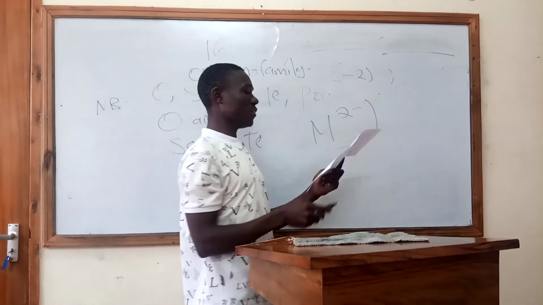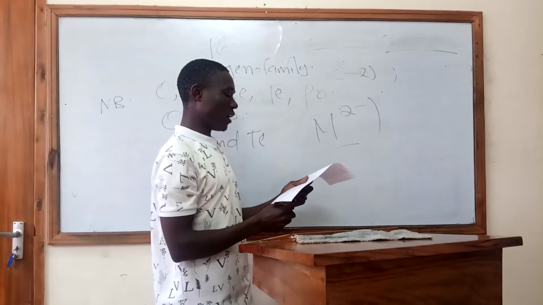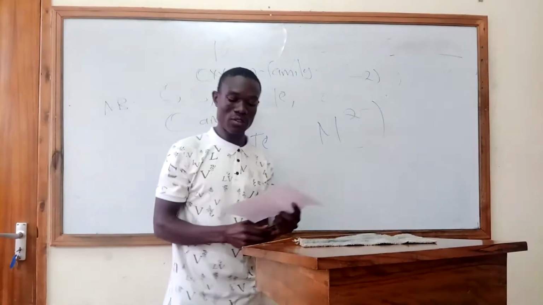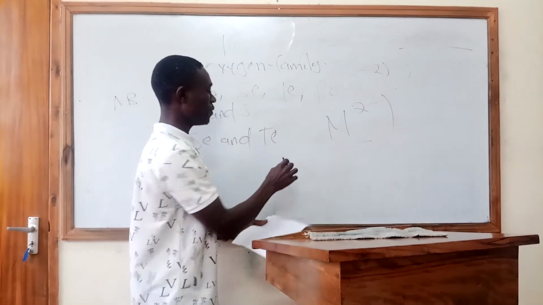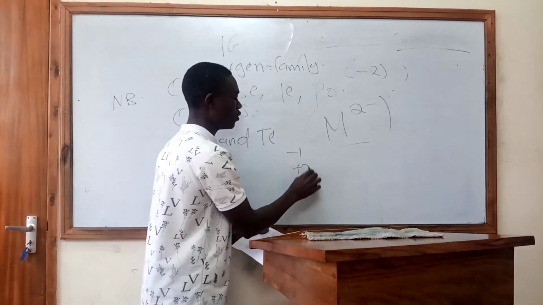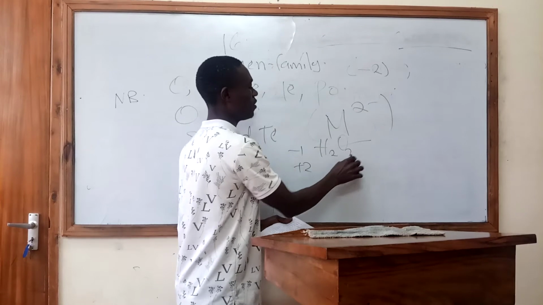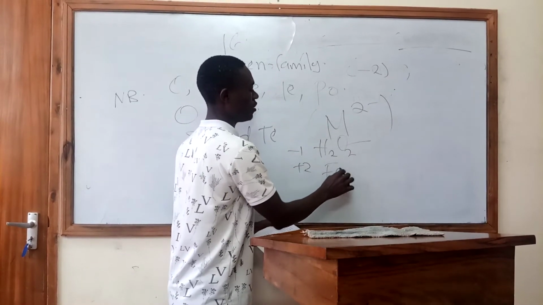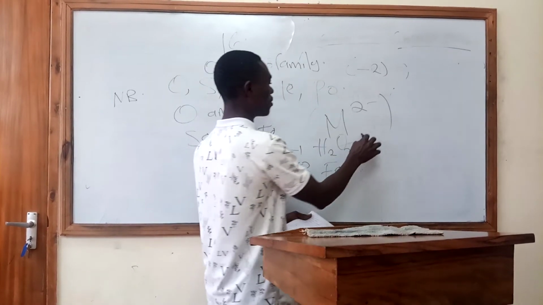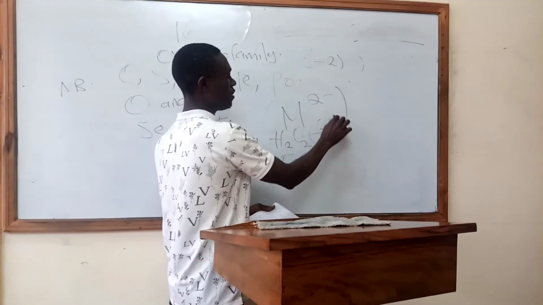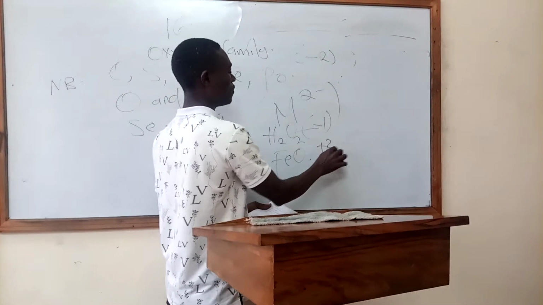There are a few exceptions where the oxidation state of oxygen is -1 and +2. For instance, hydrogen peroxide and iron 2 oxide: in this case the oxidation state of oxygen is -1, and here it is +2.